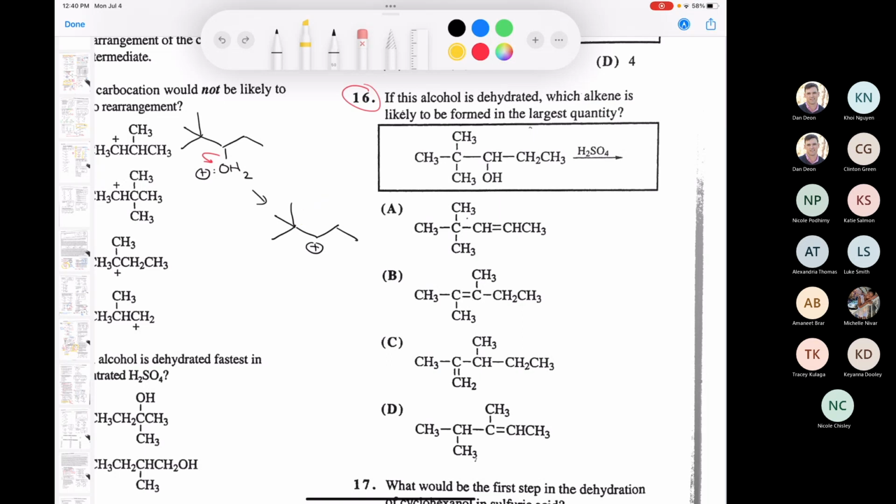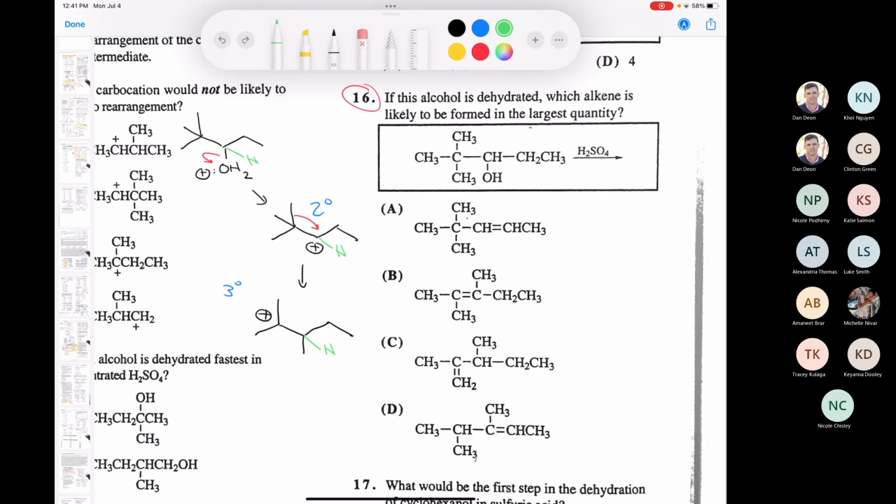Because this is a secondary carbocation, but if it undergoes a methyl shift, then you end up with a tertiary carbocation, which is going to be more stable. All right, now you had this proton here all along. It never went away. And so now you're going to form the most stable alkene that you can by eliminating that proton and forming a double bond here.